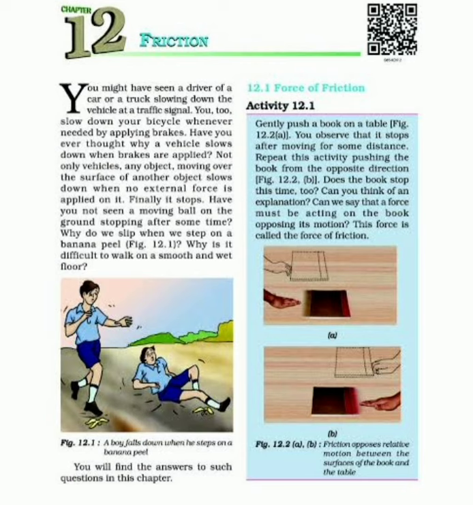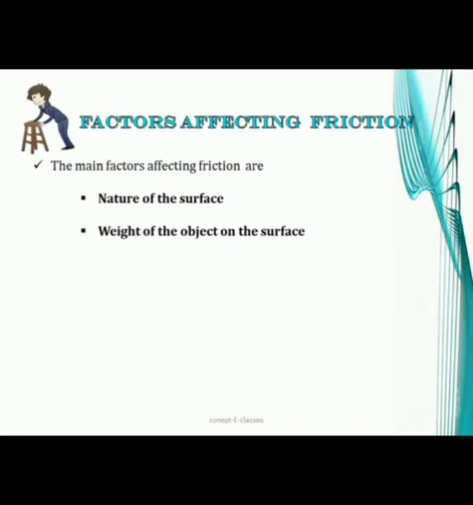Yes, it is the friction opposing relative motion between the surface of the book and the table. Understand? Next we are going to discuss factors affecting friction.